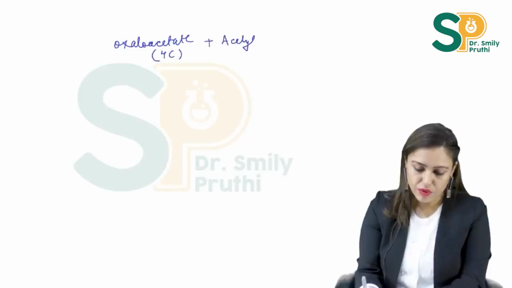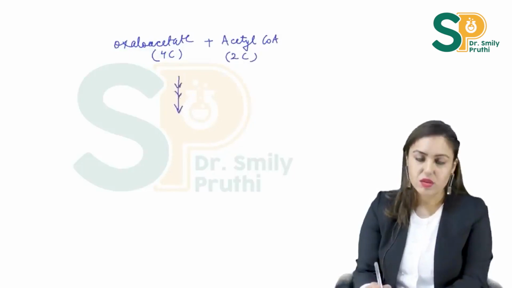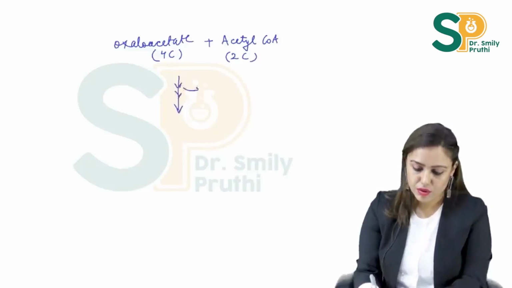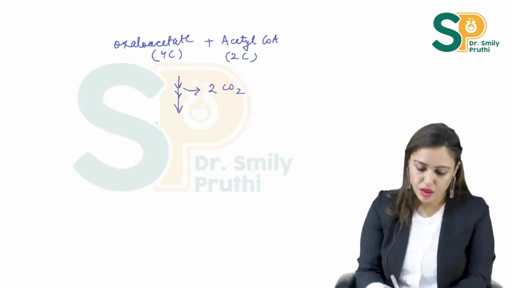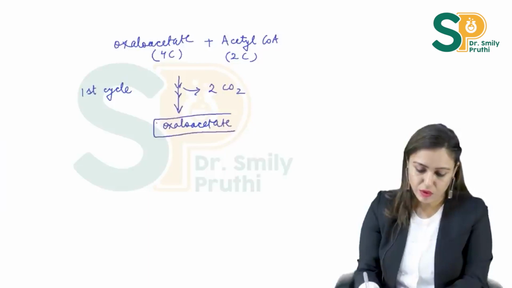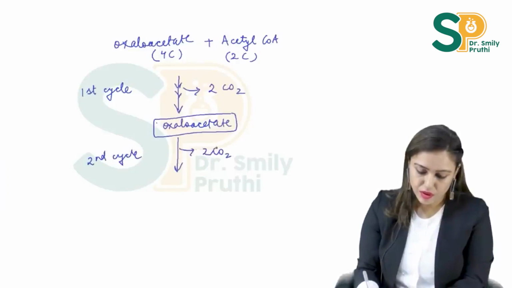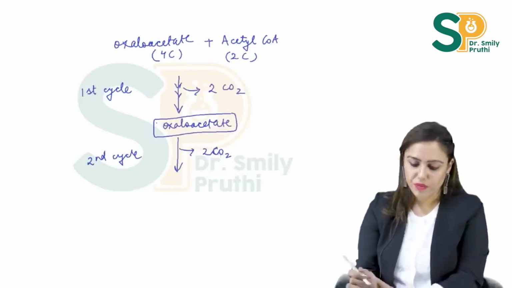It will join with acetyl-CoA, which is 2 carbons, and the cycle will occur, many reactions will occur. There is removal of 2 carbon dioxide, and this is the first cycle which I'm talking about. In the end, again oxaloacetate is formed, and in the second cycle, again 2 carbon dioxide are removed, right?